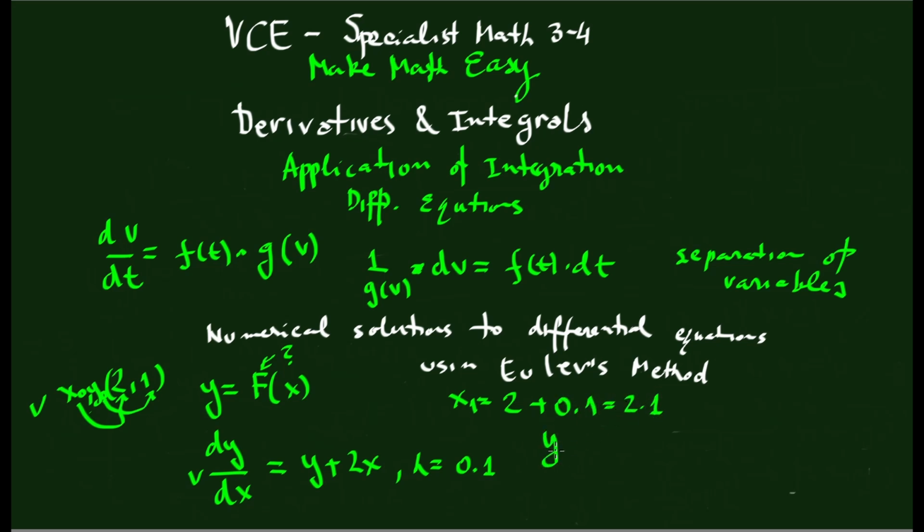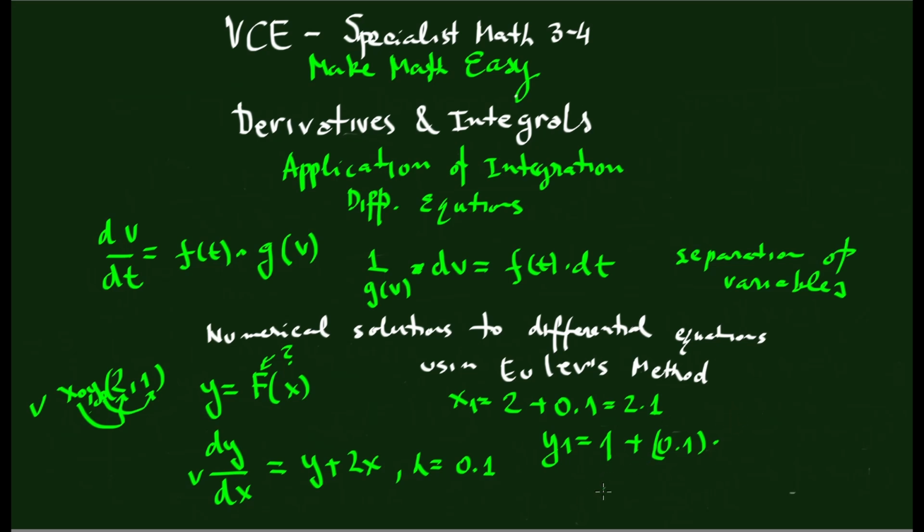How are we gonna get y1? y1 will be y0, which is 1, plus the increment 0.1 times what's our differential at this point?